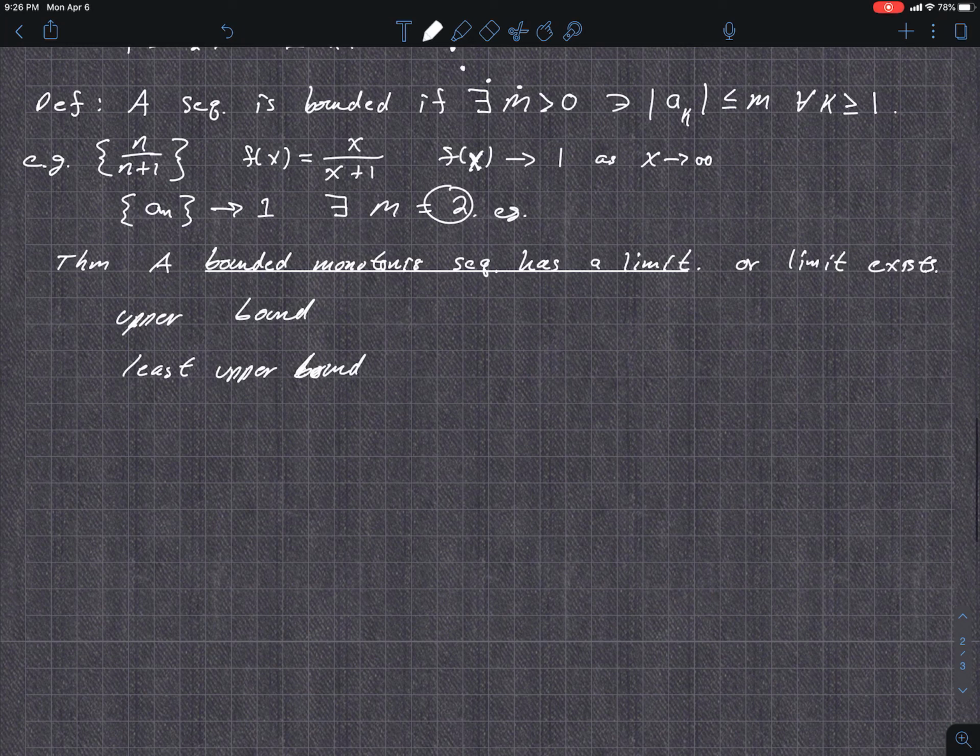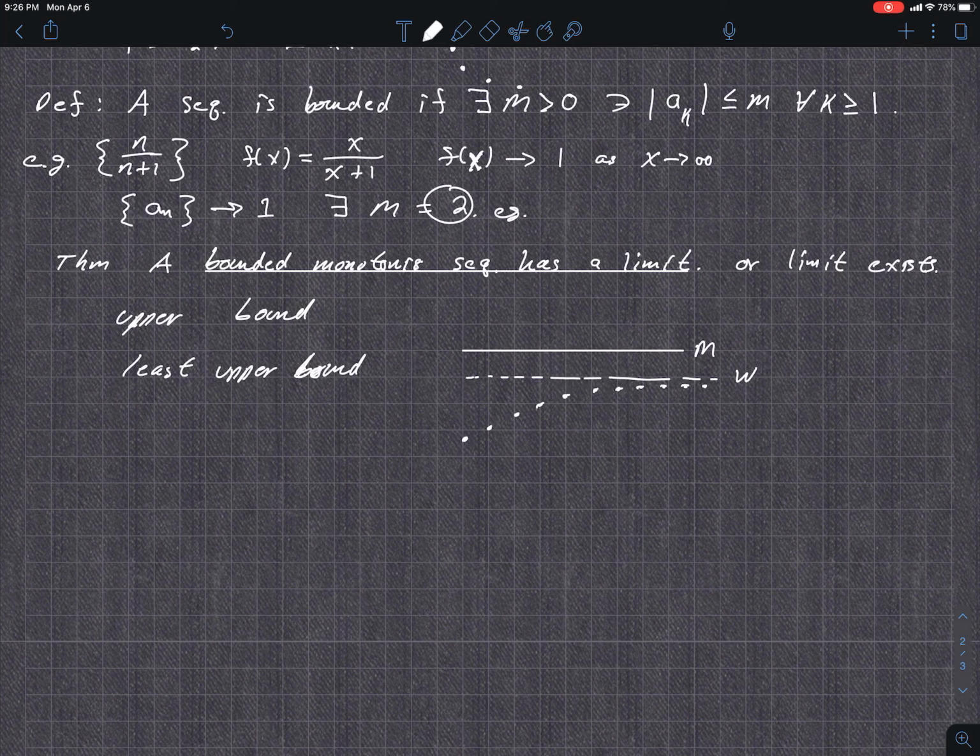Upper bound is like your m, some bound you can show. Then there's a least upper bound. You can show that there's a bound, say m here, but then the least upper bound might be a w or something.